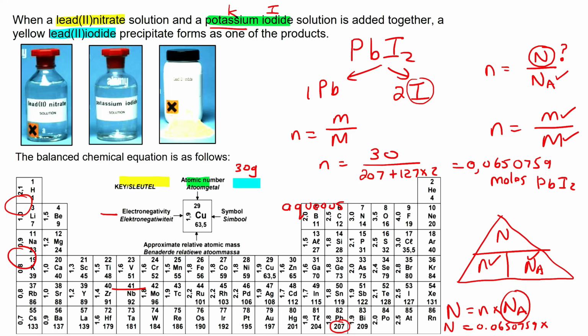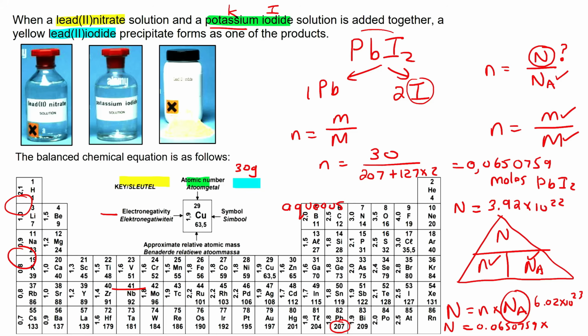Sorry, guys. Let me write that a bit better. 6.02 times 10 to the 23. So you're going to multiply those two numbers together, and we should end up with the number of particles as... okay, we can round this to 3.92 times 10 to the 22. So that is not the answer.